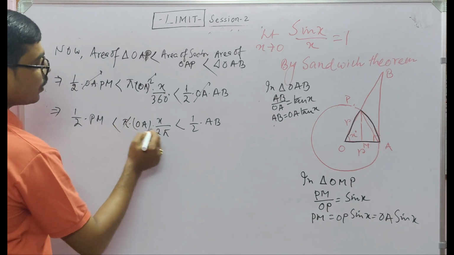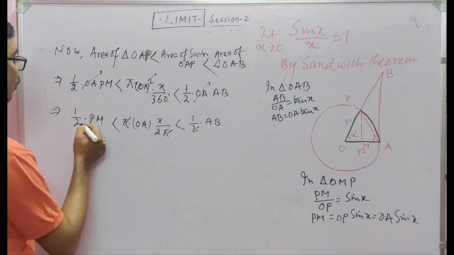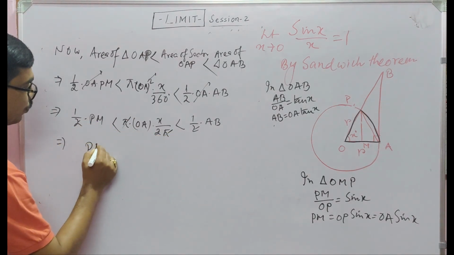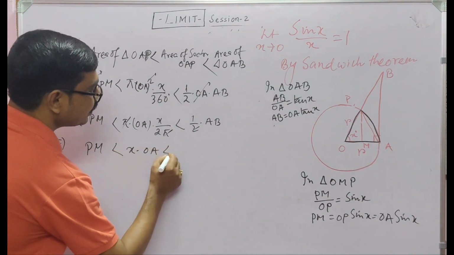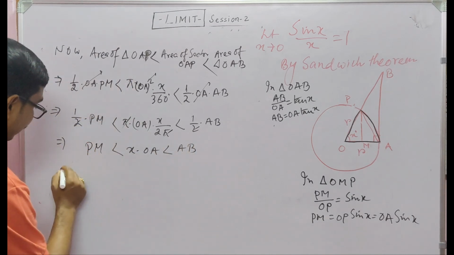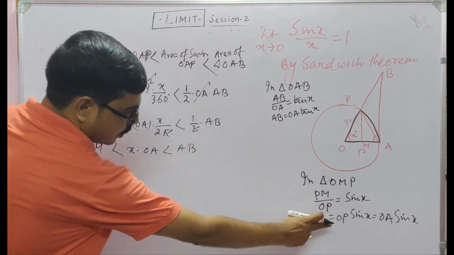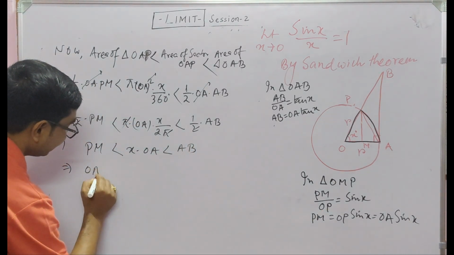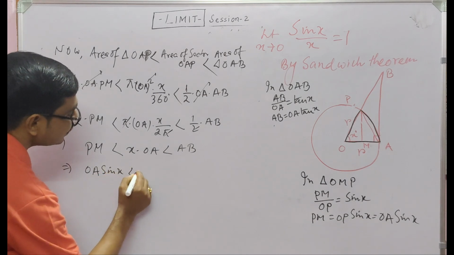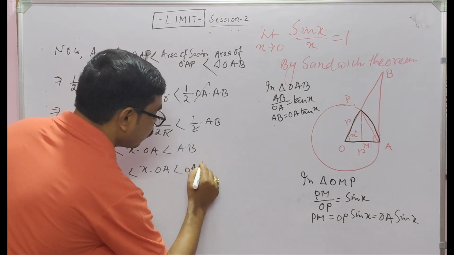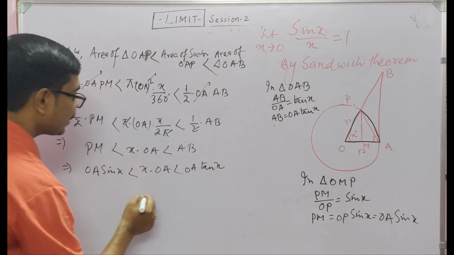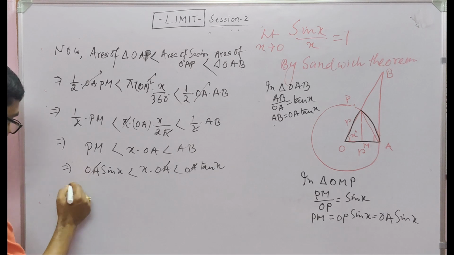So pi cancels, half cancels, PM is equal to x into OA, that is equal to AB. Now put PM equal to OA sin x, is less than x into OA, is less than OA tan x. OA and OA cancel.